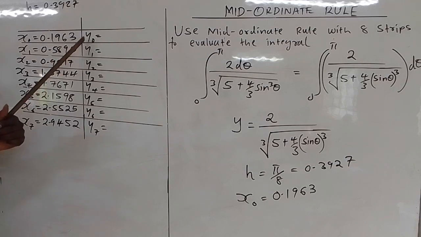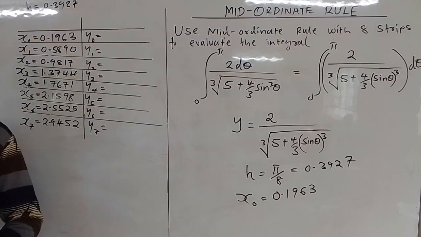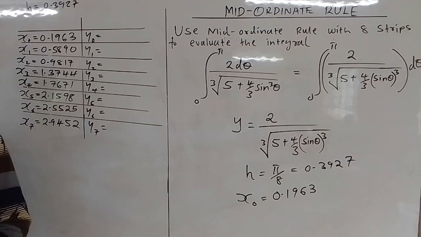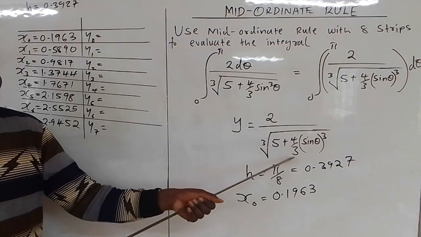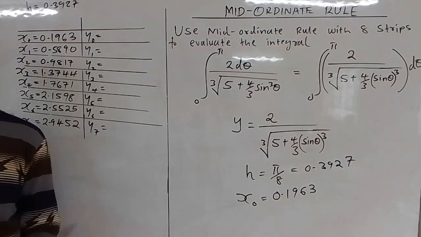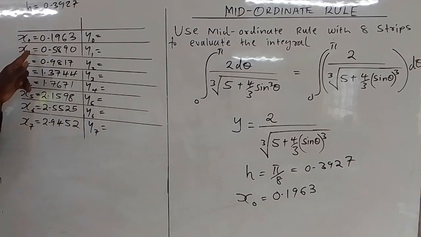So, what was the equation relating x and y? You have y is 2 over cube root of 5 plus 4 over 3 in bracket sine theta cubed.